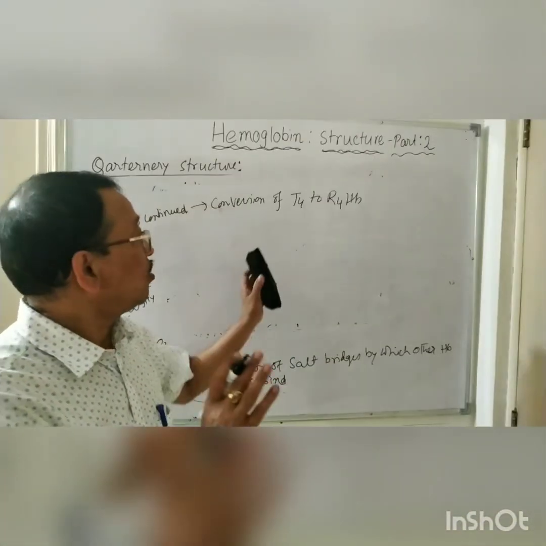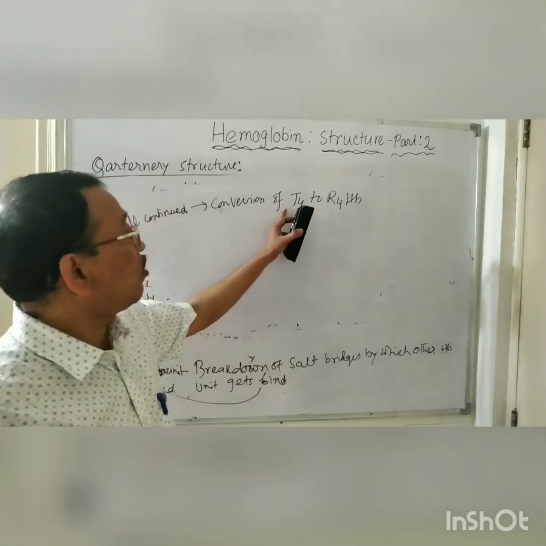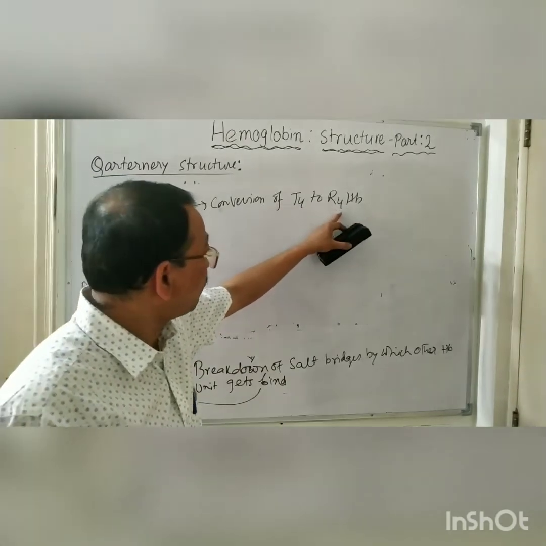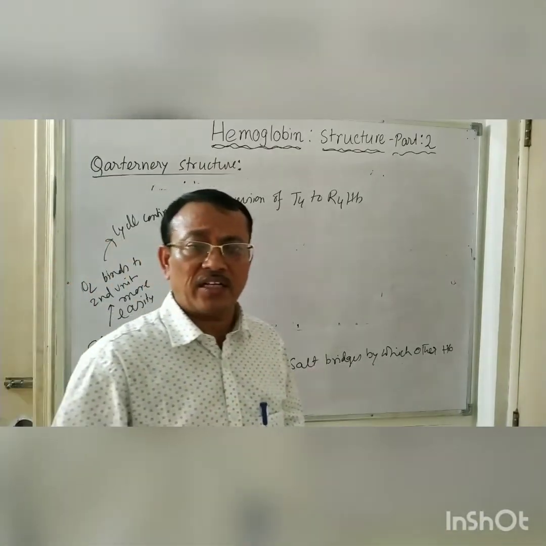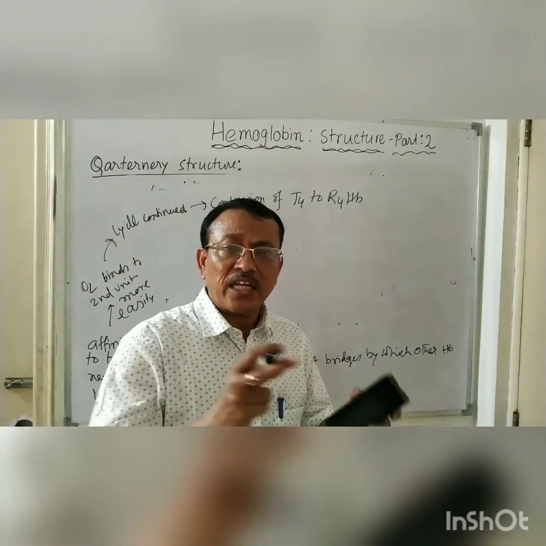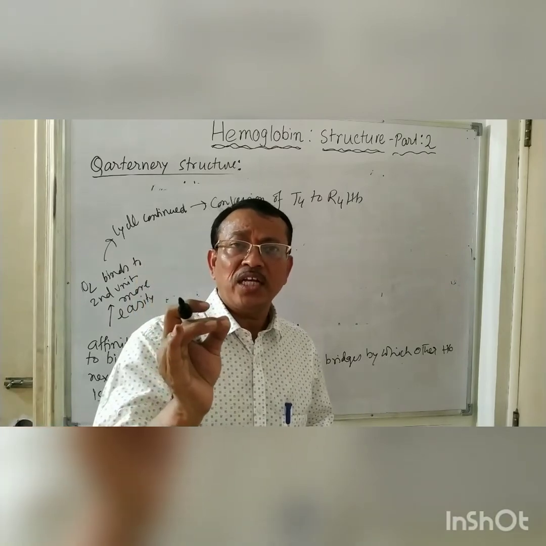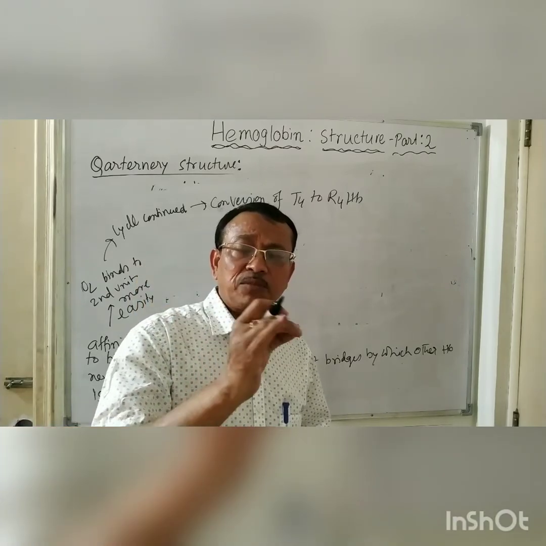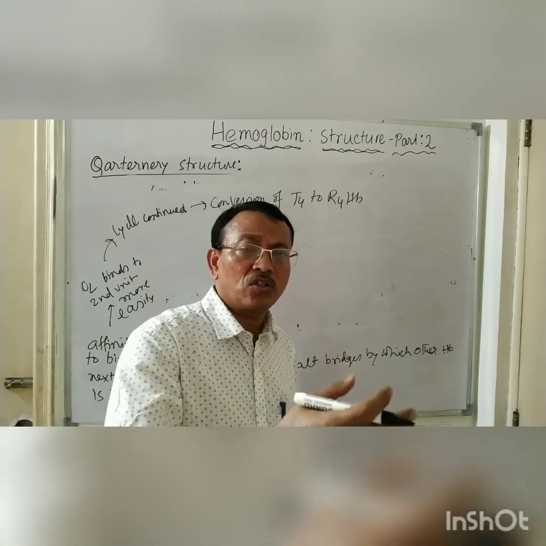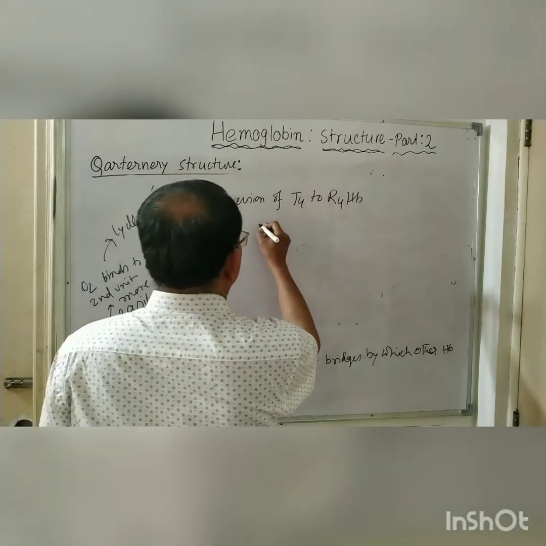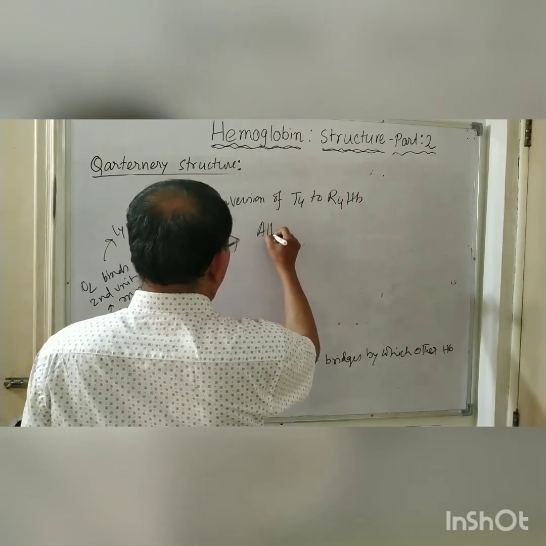That is, this T4 will be now converted to R4 because of the continuation of the cycle in stepwise manner. In each and every step, one oxygen easily gets bound with the next hemoglobin subunit, and thereby this process is known as the allosteric activation.